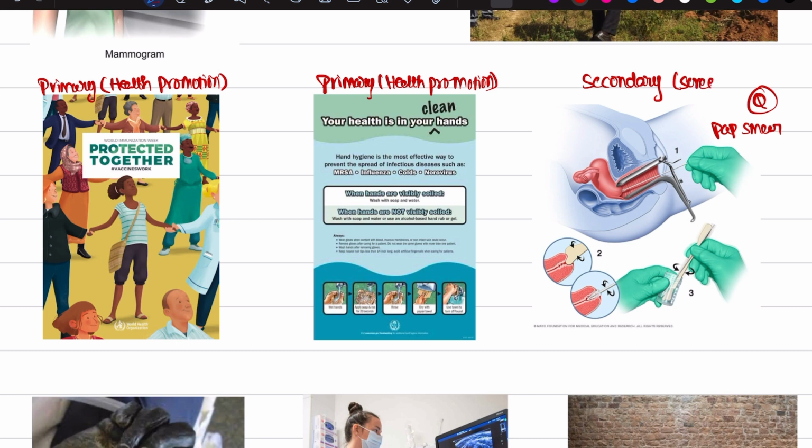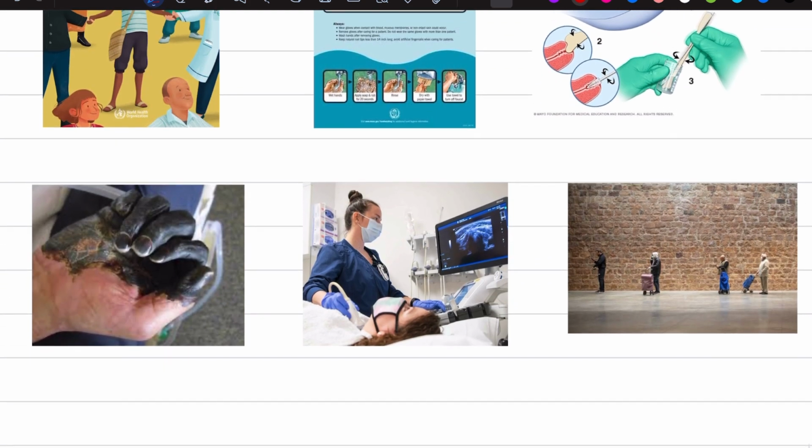I am writing it here again. This comes under secondary. This is a screening test. If the image question comes, you need to mark that as secondary. I am stressing each and every point because you need to answer each and every question correctly. One question for sure is going to come in the upcoming exams. You need to answer that rightly, okay.